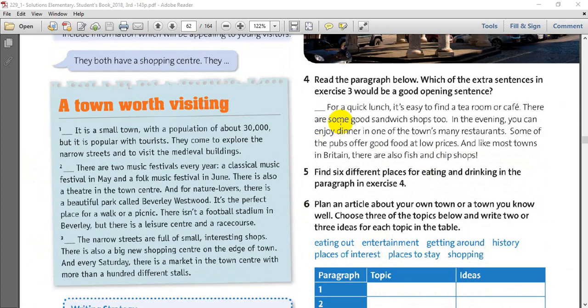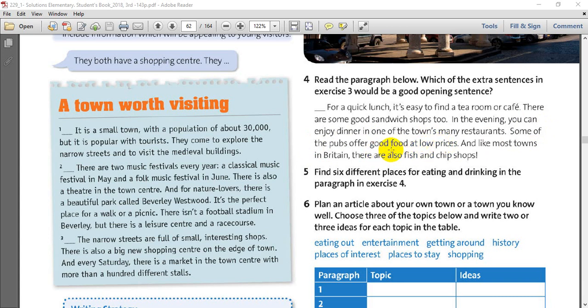Let's read now. For a quick lunch, it's easy to find a tea room or cafe. There are some good sandwich shops too. In the evening, you can enjoy dinner in one of the town's many restaurants. Some of the pubs offer good food at low prices.